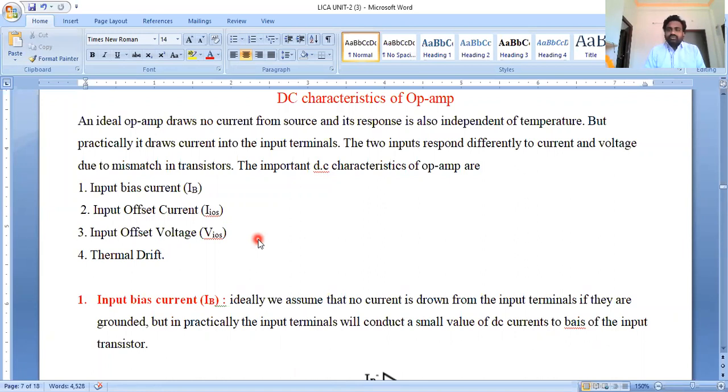What is the main reason for creating DC characteristics in our operational amplifier? Most of the time, input bias current is the main reason why these DC characteristics are created. We discussed this in the last class.